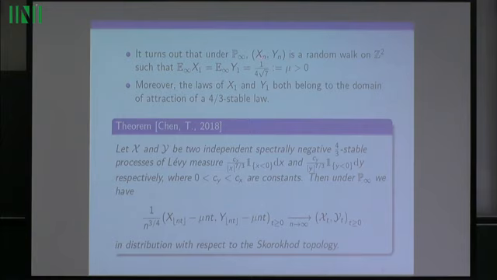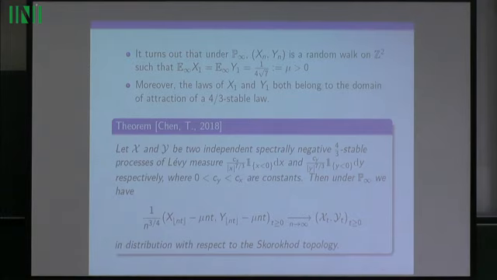Then, because of the asymptotic formula for the partition function, we can show that those two boundary variations have a polynomial heavy tail of index 4/3, so they belong to the domain of attraction of a 4/3 stable law.